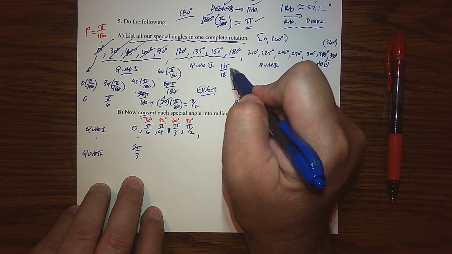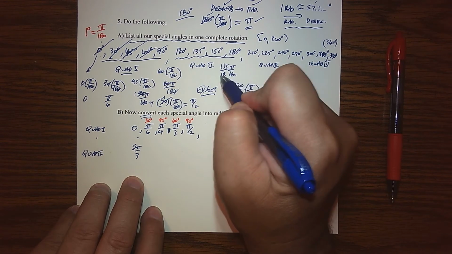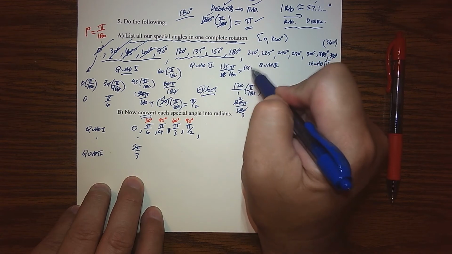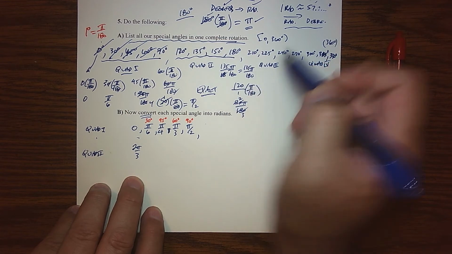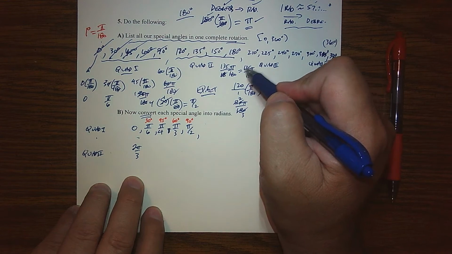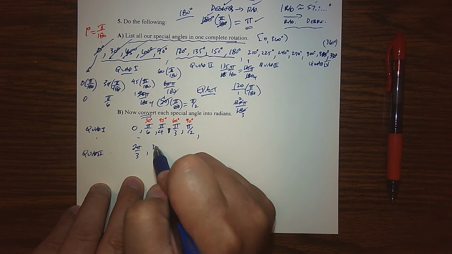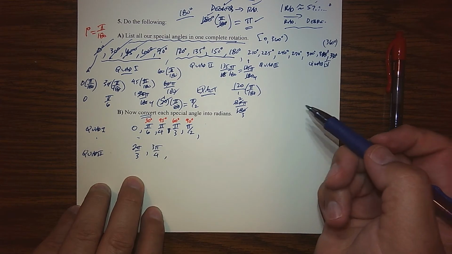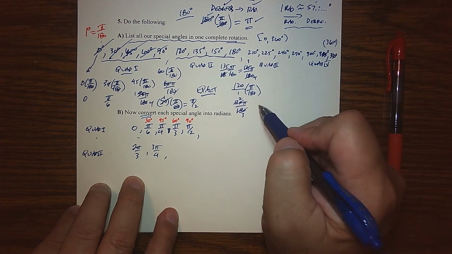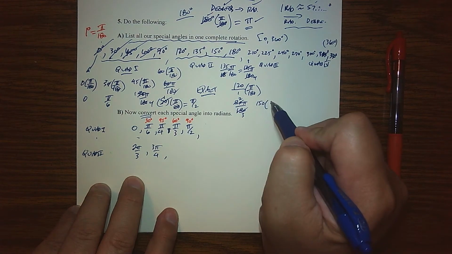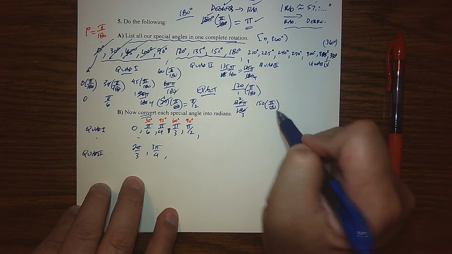Maybe you're going to need some more room. We're going to take pi over 180, and so this is 135 over 180. 45 goes into there 3 times, goes in there 4 times, so we have 3 pi over 4. All right, and then 150, we basically have 150 times pi over 180.